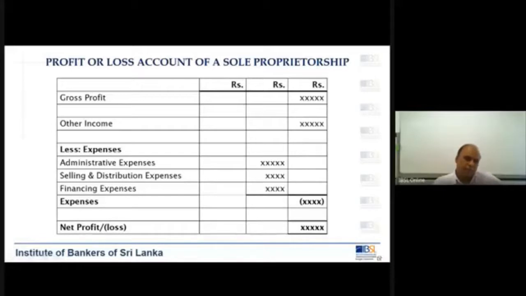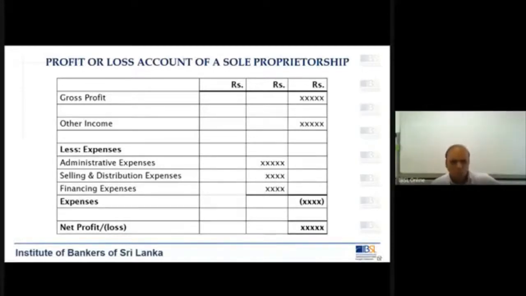Then from the total income, you will take out all the related expenses. What are these expenses? You will take out all administrative expenses. Then you will have the selling and distribution expenses.